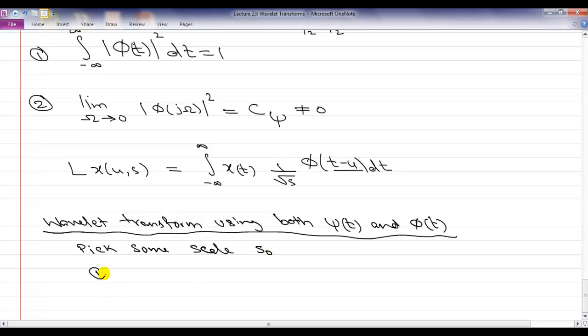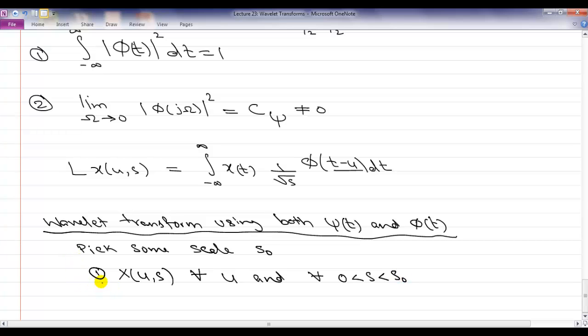So then you, number one, compute x of u, s for all u and for all s between s and s naught. Okay. So previously we were going for the scales up to infinity. Now we will stop at s naught.